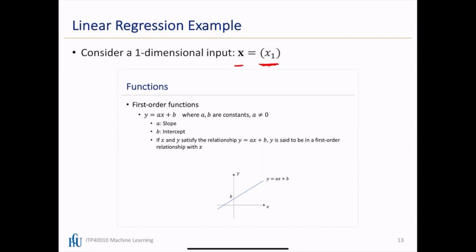It's going to be a form of ax plus b, where a is the slant or slope, and b is the intercept. So using this simple line, we can represent the relationship from x to y. Given some value of x, you can predict the corresponding y value over here.